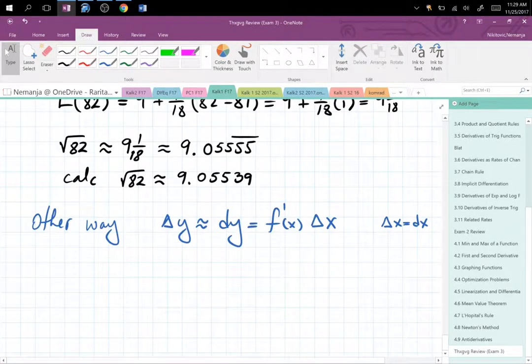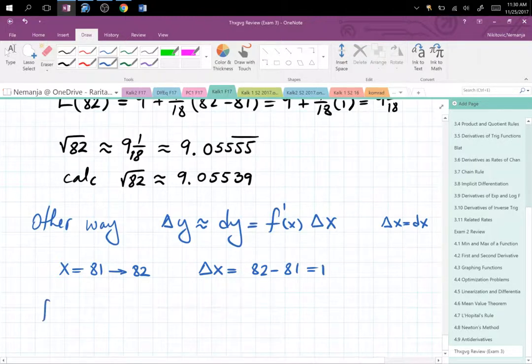So instead of approximating a number directly, we can approximate the change as the number changes from 81 to 82, which creates this delta x, which is 82 minus 81, which is 1.